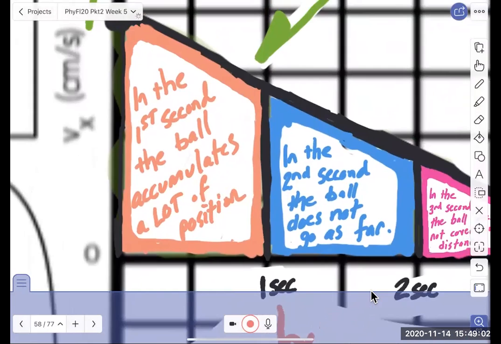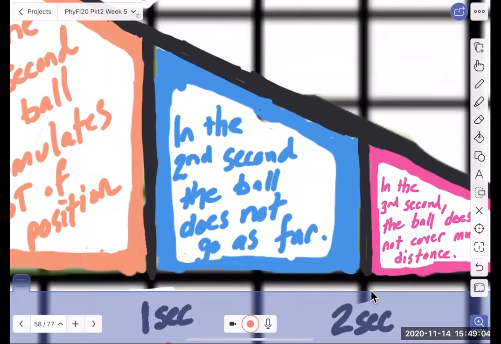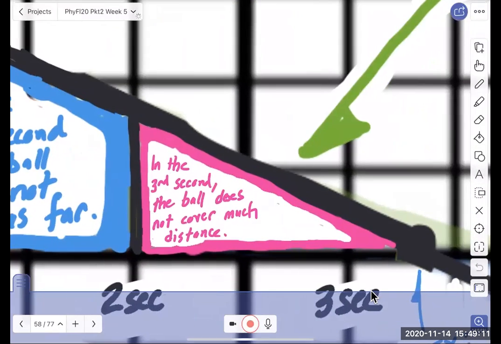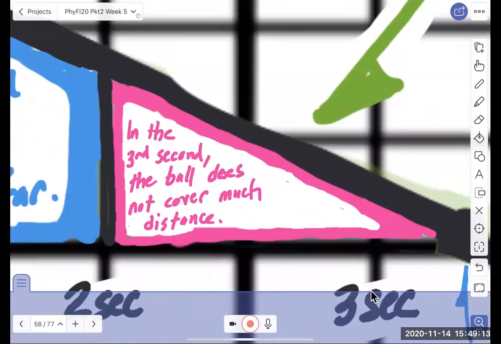Then the area of the blue trapezoid represents how far the ball got in the second second. And the reddish pink triangle is how far the ball got in the next, not really the third second. I got to fix that. It's not really the third second. It's the next 1.3 seconds.